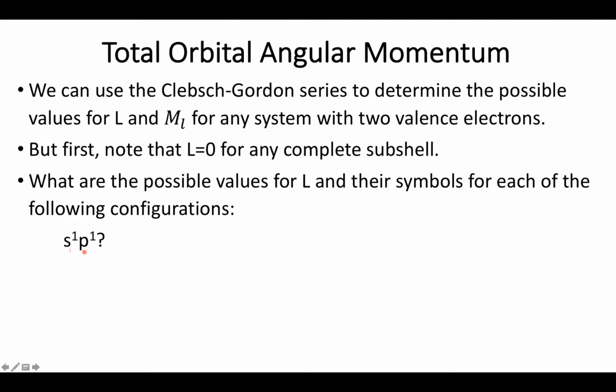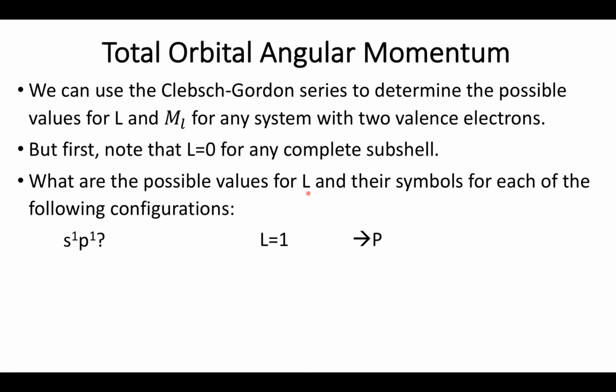Well, in this case, my L1 is going to be 1, and my orbital angular momentum for my second electron is going to be 0. So my total orbital angular momentum is going to be a maximum value of 1 plus 0, which is 1, and a minimum value of 1 minus 0, which is 1.